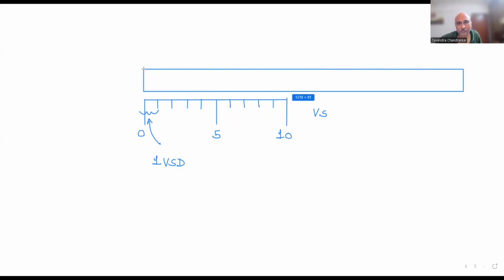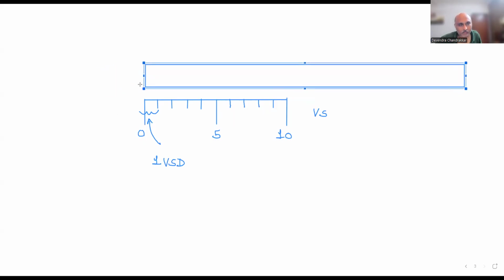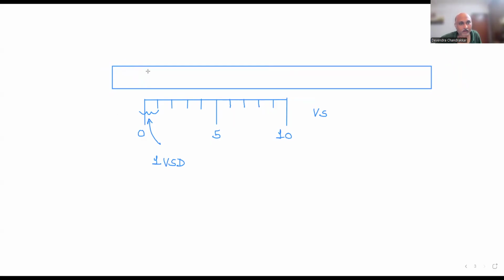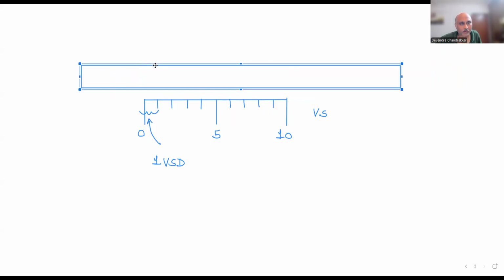Now, we draw them, we keep it against the main scale, and let's say we keep it in between, say first mark of main scale 1 centimeter mark, and let's say this is the 2 centimeter mark. इसके बीच में रख रहा हूं मैं, ठीक है?